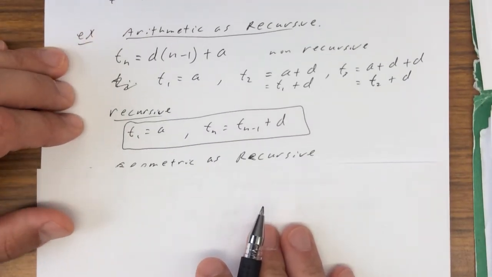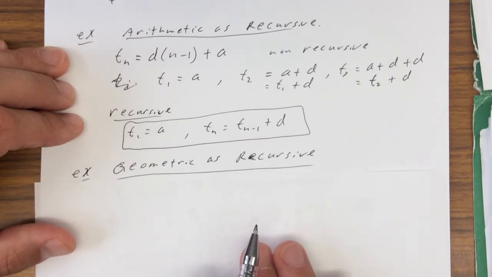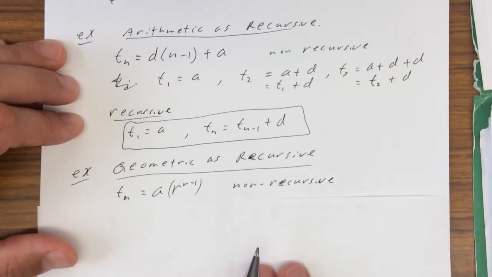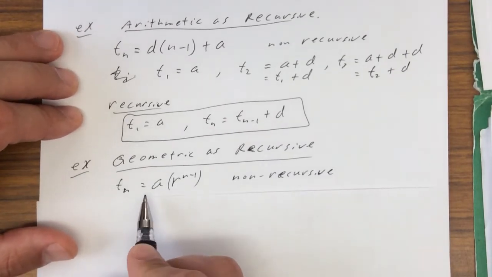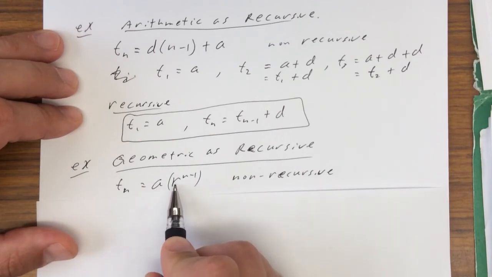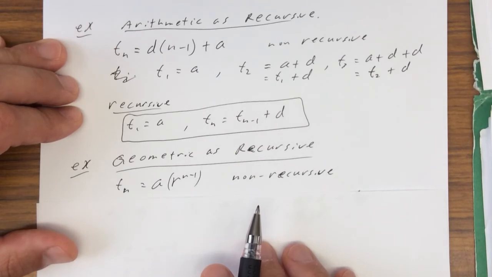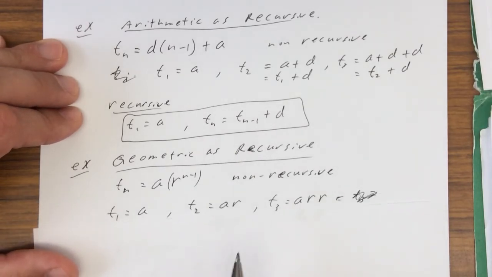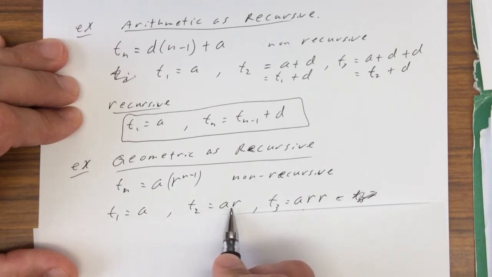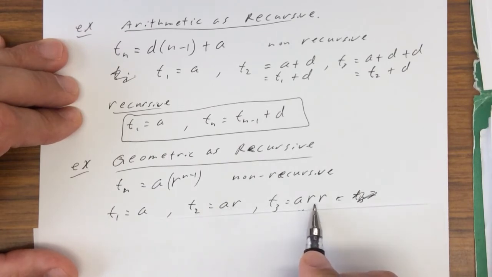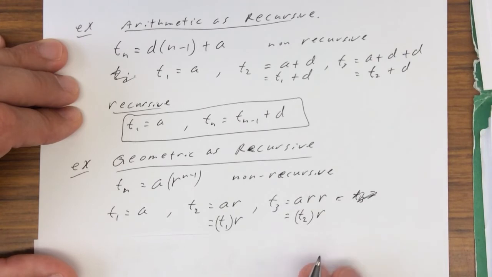You have a similar process for geometric as a recursive. As a non-recursive, this was our formula: first term times the common ratio to the n minus 1. The first term is a, the second term is ar, the third term is arr. The second term is the first term times r.